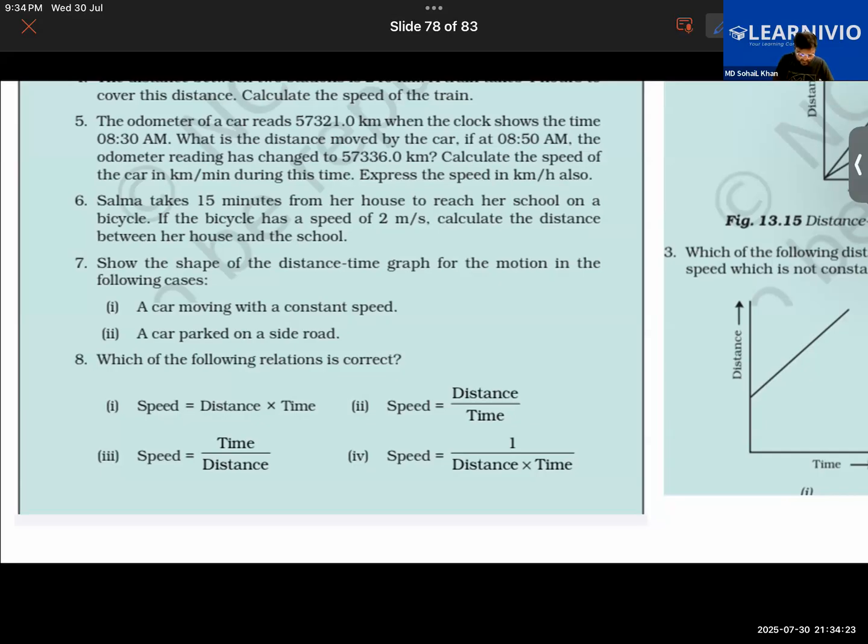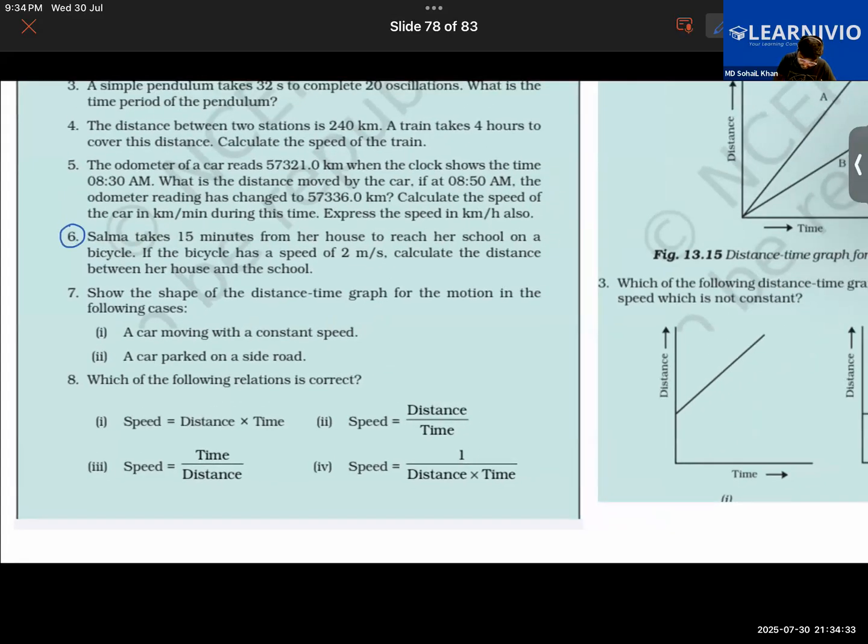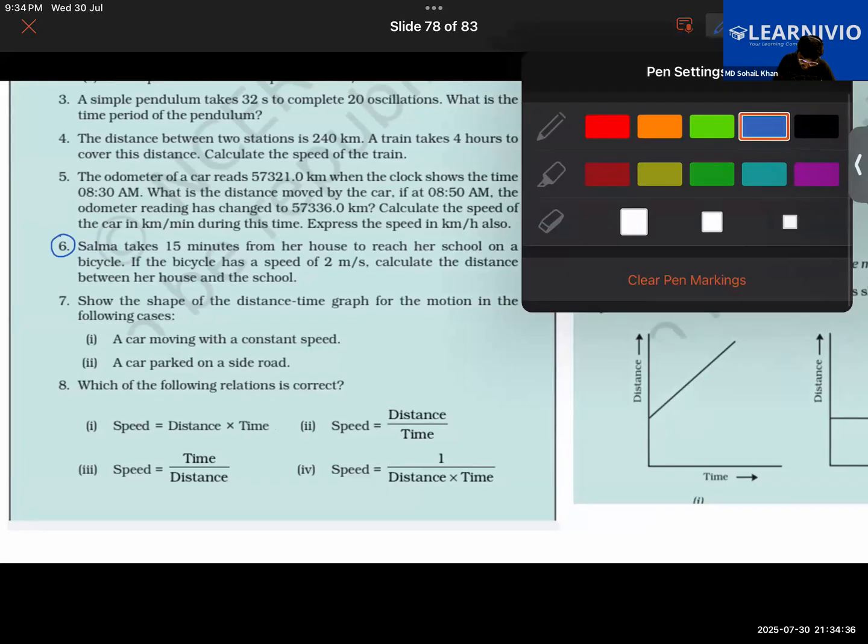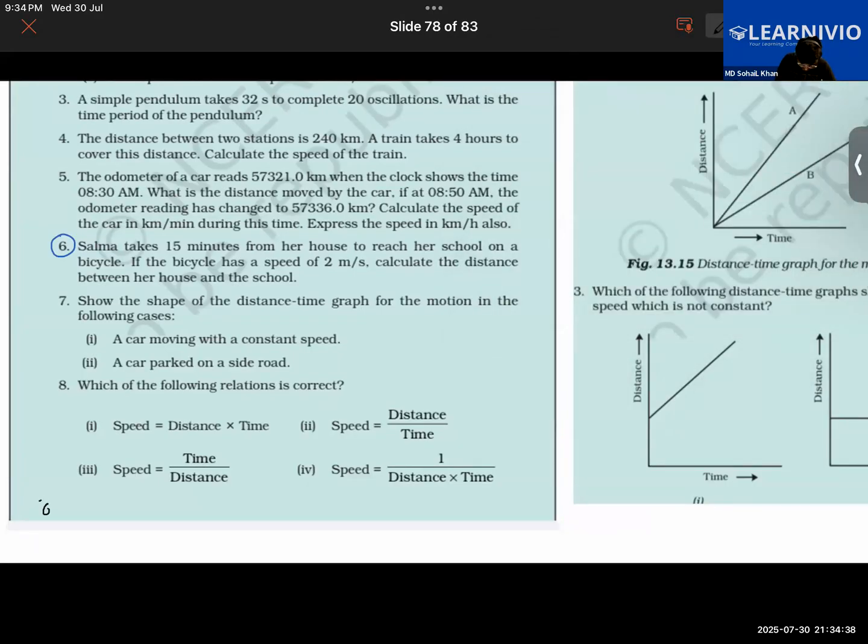So question number 6, we are solving question number 6 right now. Speed is given and time is given. You have to calculate the distance. Everyone start solving it. First of all, you should write whatever is given in the question.